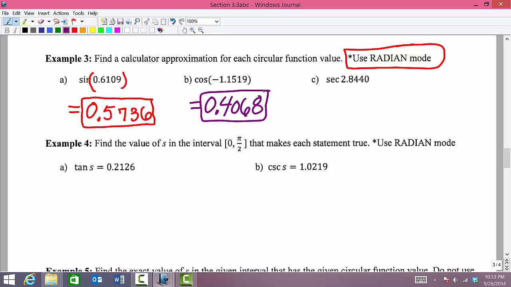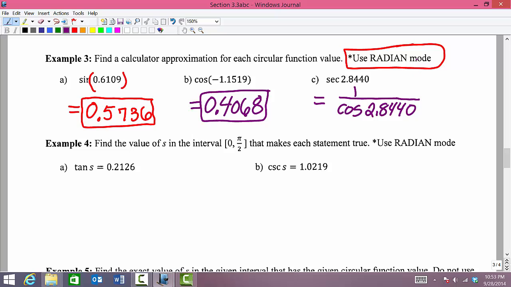For part C, we're asked to find secant. And remember that we don't have a secant button on our calculator, but we do have a cosine button, which is the reciprocal. So we're going to work with the reciprocal identity. So secant of this angle is equal to 1 divided by cosine of the same angle.